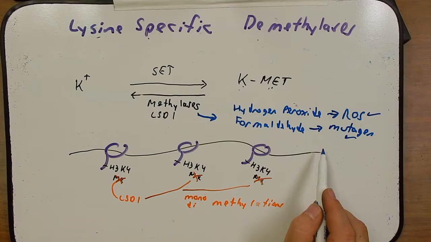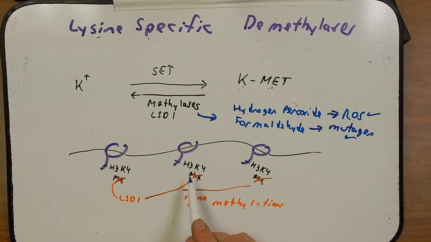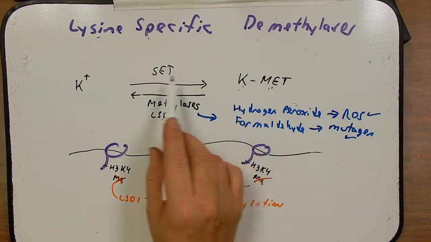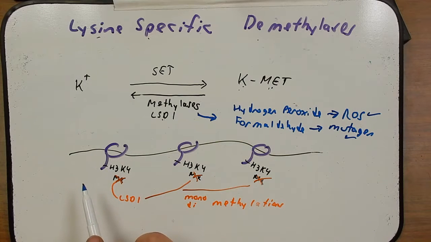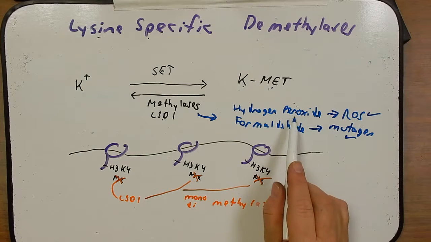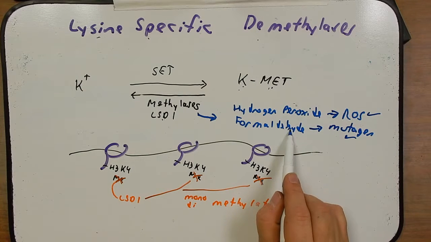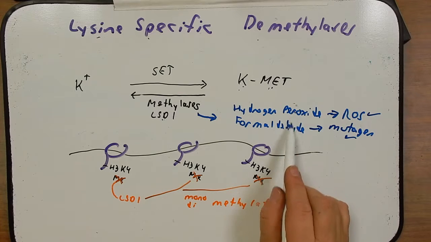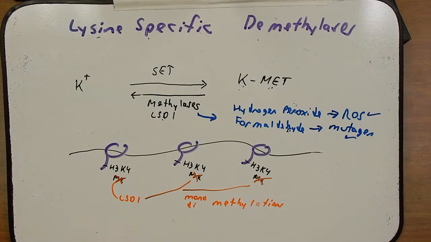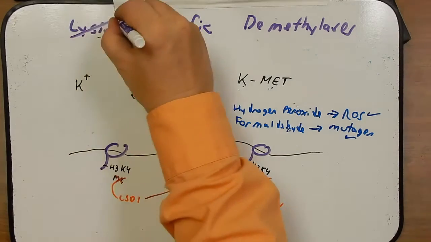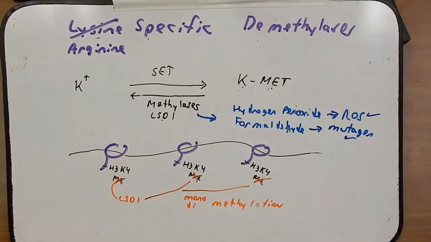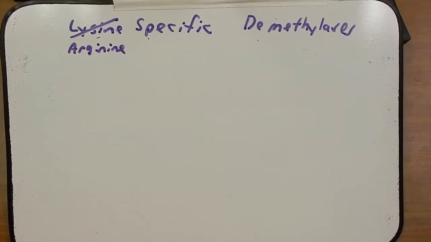But it is an expensive task just to shut down a gene. Not only is there energy involved in removing the methyl group, but there is energy involved in repairing any damage that might be caused by this, and energy involved in removing these toxins. Okay, so next I want to talk about an arginine-specific demethylase. And I'm not going to ask you to know too much about this one.